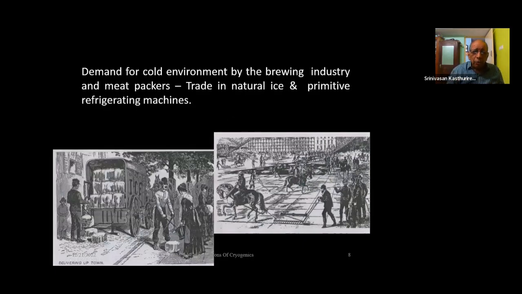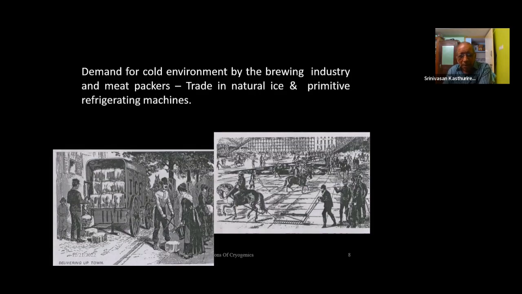Actually, if you look at the phenomenon of cryogenics, in the earlier times there was a demand for a cold environment by the brewing industry as well as meat packers. These were the two important applications in the early times. For them, what they did was they traded in natural ice.